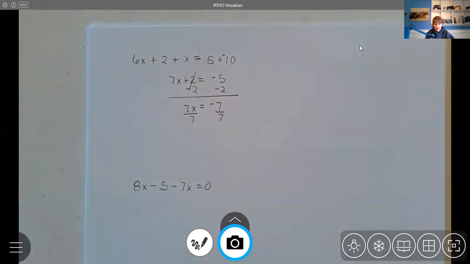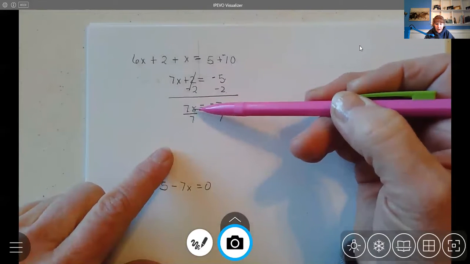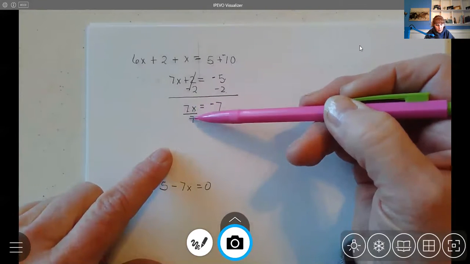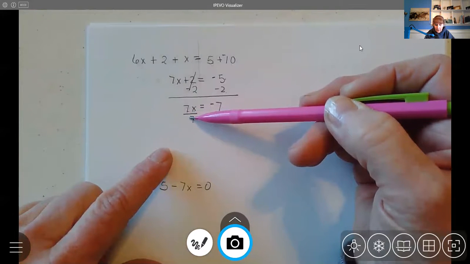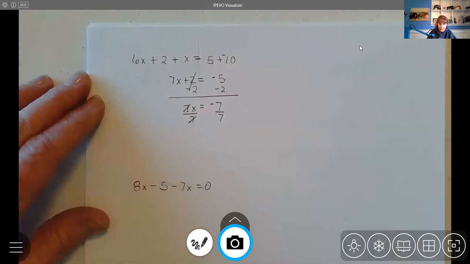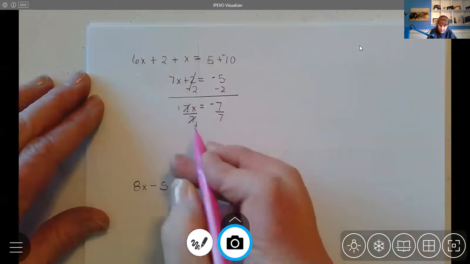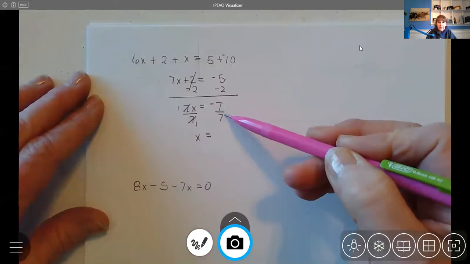Now, again, this sign will always match because we want it to be a positive one. So we don't have the opposite here, because if you do put a negative in division, your answer would be negative. So we want to keep it positive. So these cancel out. So you're left with a positive 1. Negative 7 divided by 7.